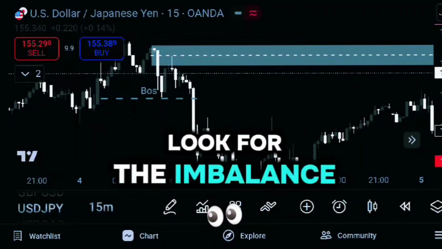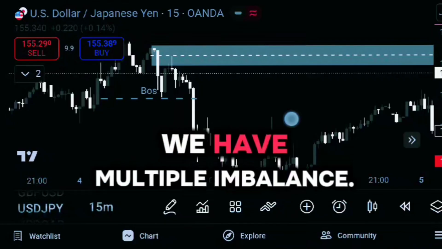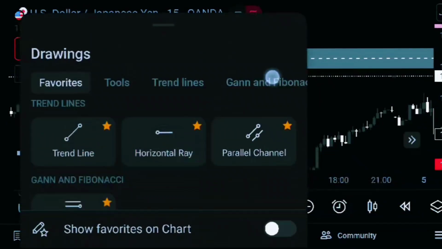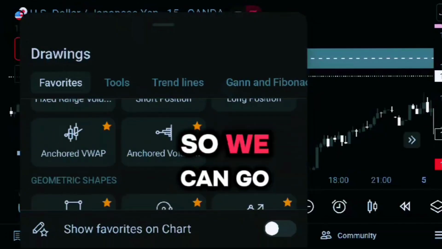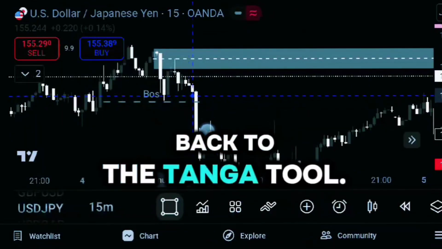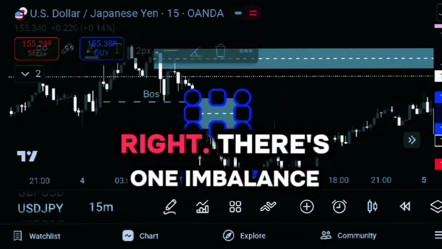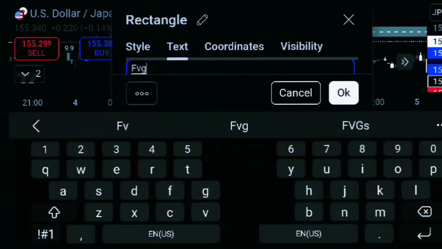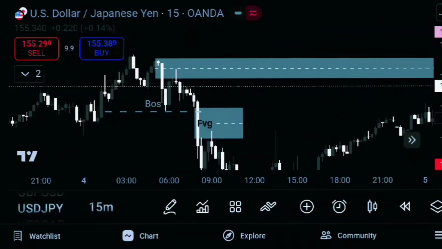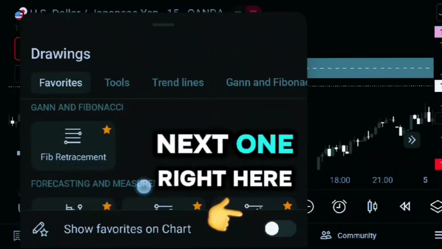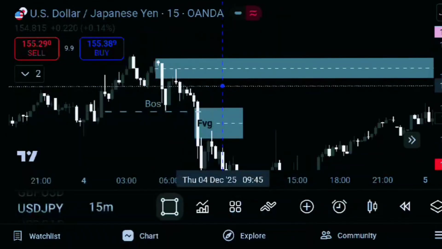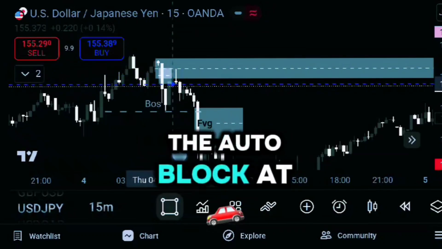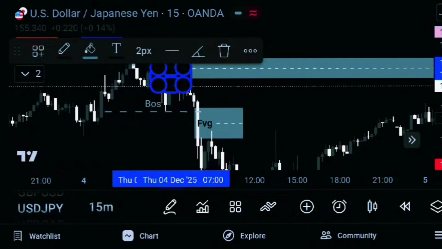We're going to look for the imbalance as well. We have multiple imbalances that confirm this. So we can go back to the triangle tool, right? There's one imbalance, fair value gap, FVG, right? We have a next one right here as well, here to here within the order block at this level.